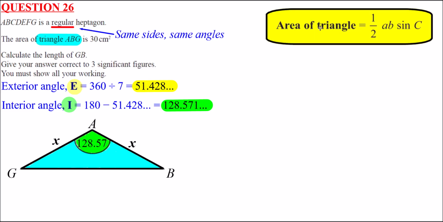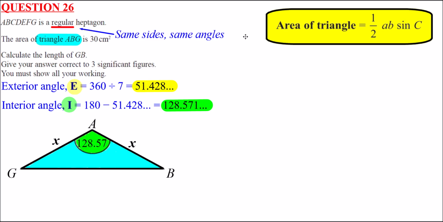We're told that the area of the triangle is 30 cm squared, and we need to remember this formula for the area of any non-right-angled triangle, or indeed a right-angled one. The area of any triangle is half times a times b times sine C. Again, in plain English, it means half multiplied by the two sides which surround an angle, in this case x and another x, then multiplied by the sine of the angle you know, in this case 128.57.